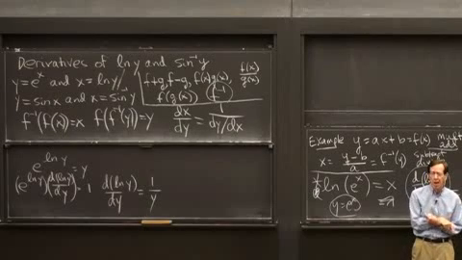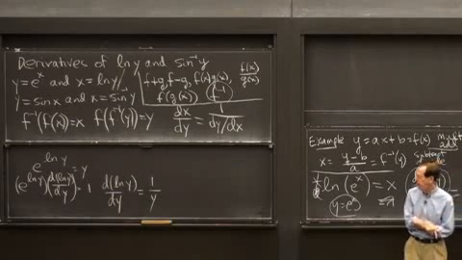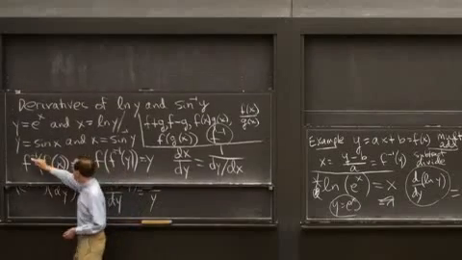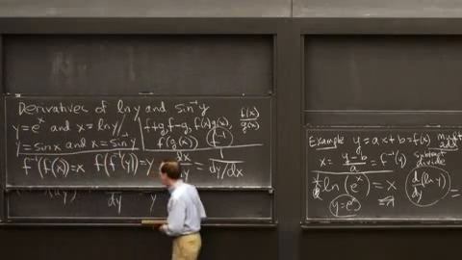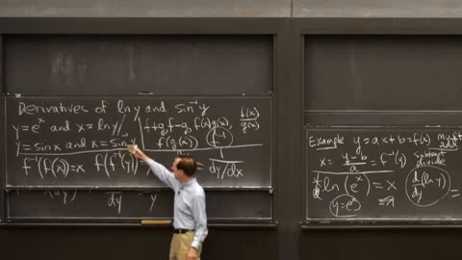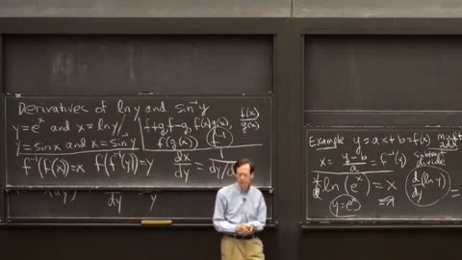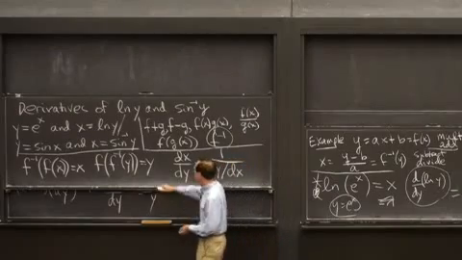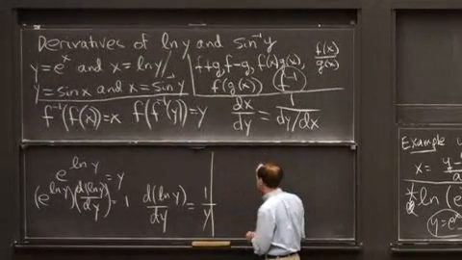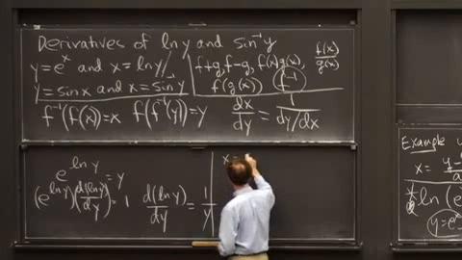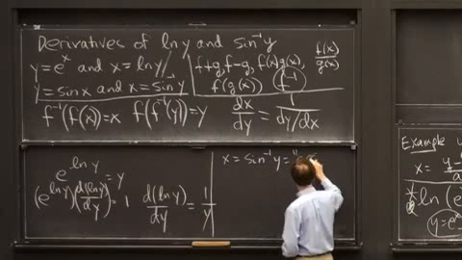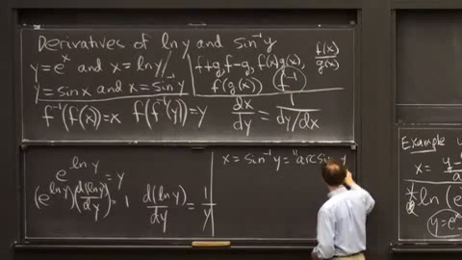Now, if you bear with me, I'll do the other derivative for today. The other derivative is this one. Can we do that? Okay. So I want the derivative of this arcsine function. All right. So this side of the board is now going to be x is the inverse sine of y, or it's often called the arcsine of y.